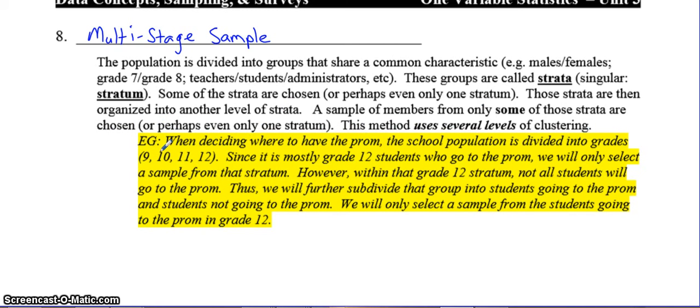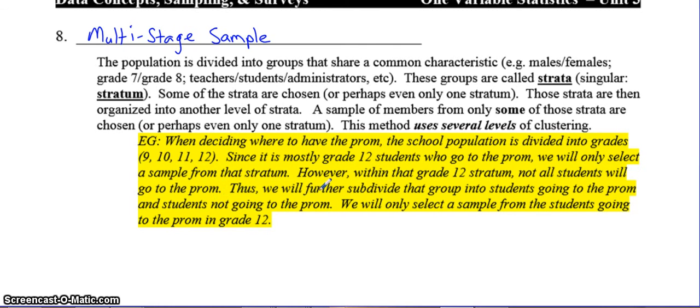So for example, when deciding where to have the prom, the school population is divided into grades 9, 10, 11, and 12. Since it is mostly grade 12 students who go to the prom, we will only select a sample from that stratum. But then we're going to break that group of grade 12s down again into people going to the prom and people not going to the prom.